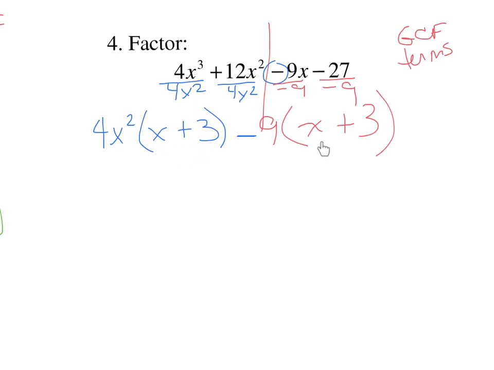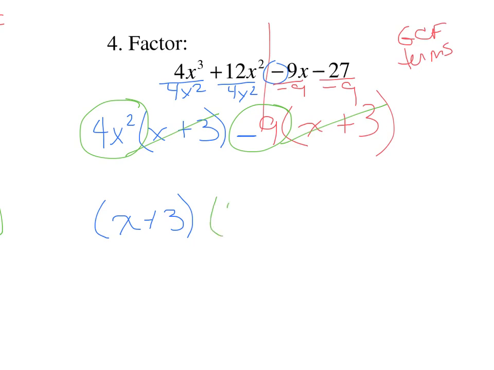And this now, positive x plus 3, is the common factor similar to the last question we did. So we'll bring that to the front, and it gets crossed out of both of these terms, and we have 4x squared minus 9 left. And now you have to consider, are either of these binomials the difference of squares?